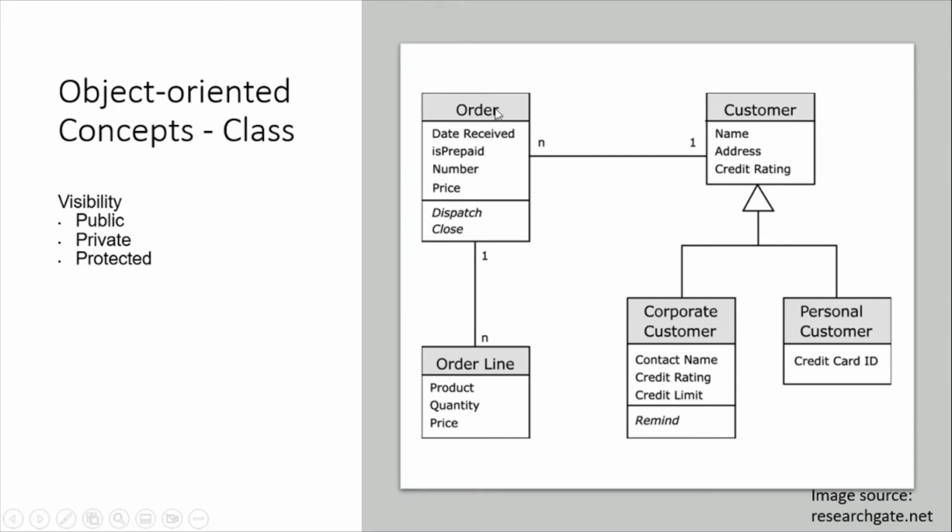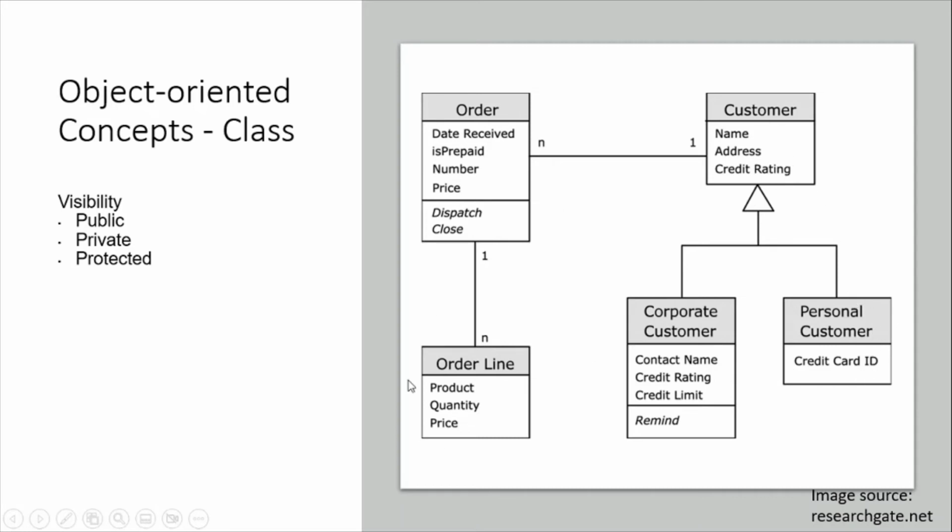So since order is a transaction, it has operations. Looking at the customer as a class, customer has attributes which are the name, the address, and credit rating. But it doesn't have what? Operations. Customers will feed and receive but not do anything as a transaction. The same with the order line and the personal customer.